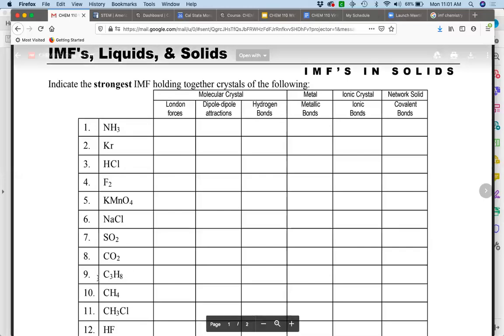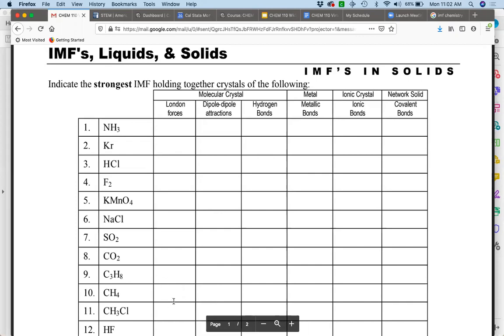In this case, we have to remember that it's only going to be London dispersion forces because there's not a significant difference in electronegativity between carbon and hydrogen. So that's true for anything that is made up of only carbons and hydrogens. So in the case of methane, it's also going to be London dispersion forces.